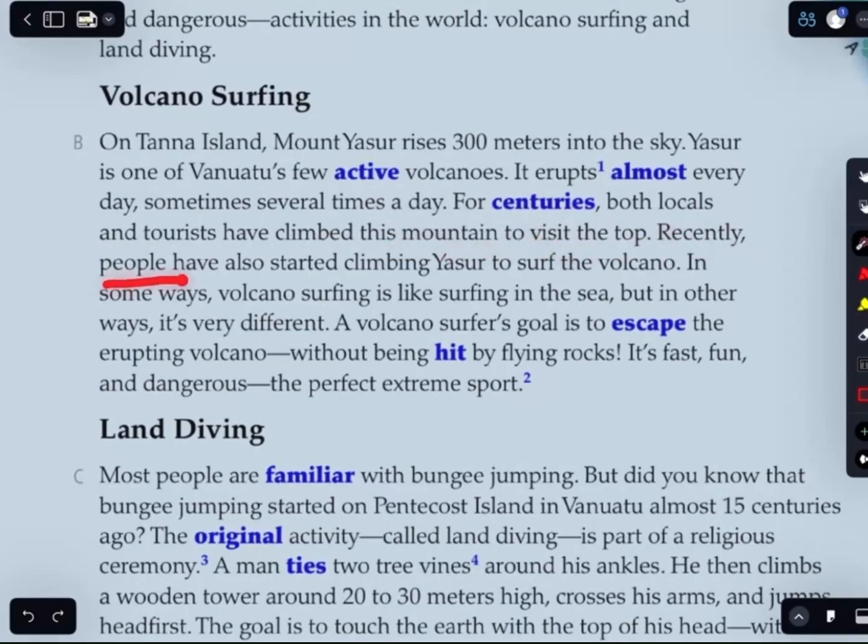Recently, people have also started climbing Yasur to surf the volcano. In some ways, volcano surfing is like surfing in the sea, but in other ways, it's very different. A volcano surfer's goal is to escape the erupting volcano without being hit by flying rocks. It's fast, fun, and dangerous, the perfect extreme sport.